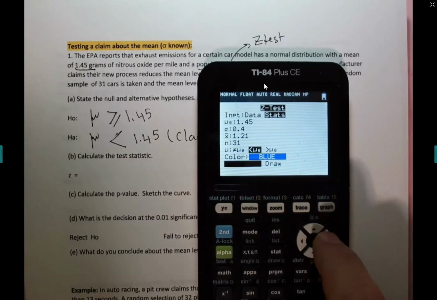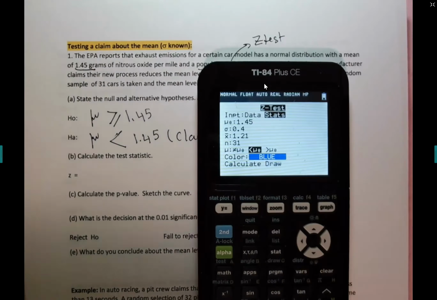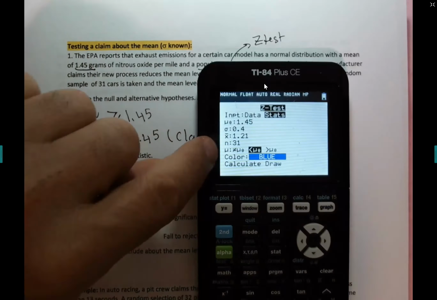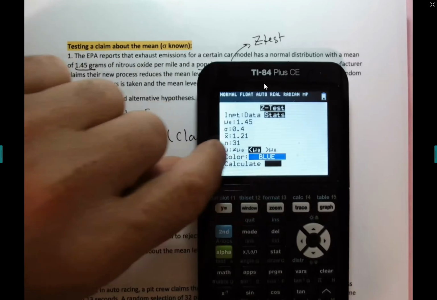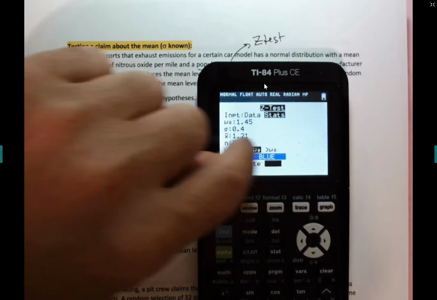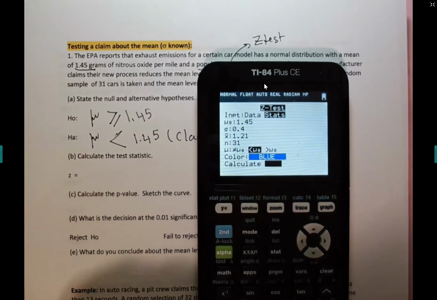And I'm going to hit the draw, guys. I want to show you a visual of the p-value. Watch. So when we change the sign, that means that's the HA. Yeah, that's HA, exactly. You're choosing HA, so make the correct choice, because if you don't, your answer is going to be totally wrong.